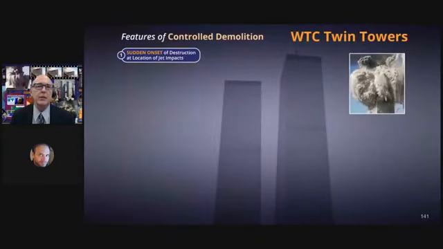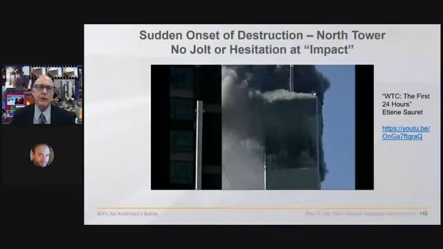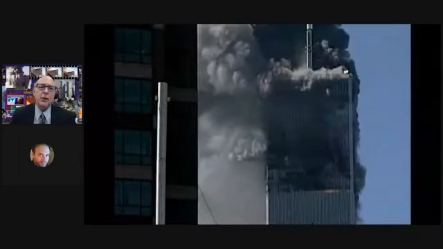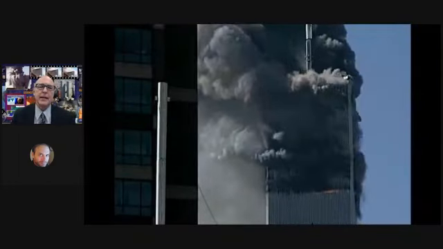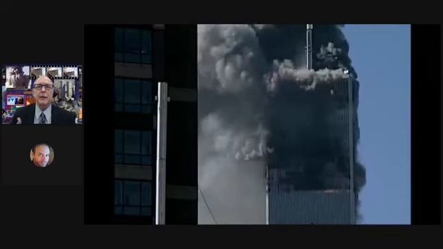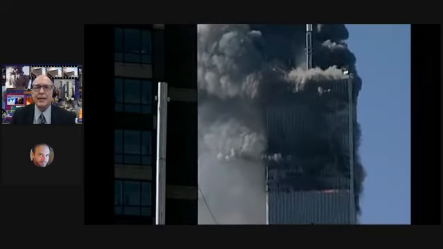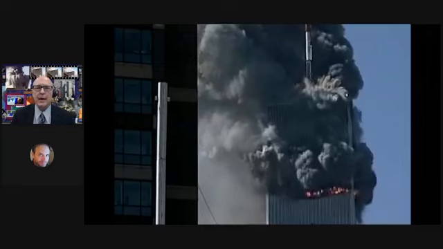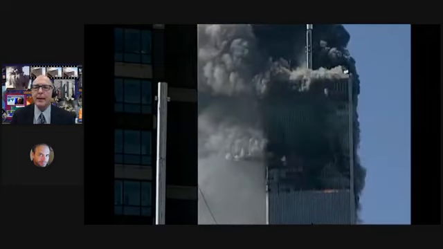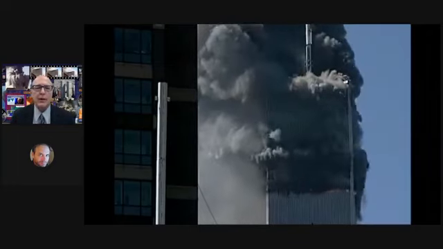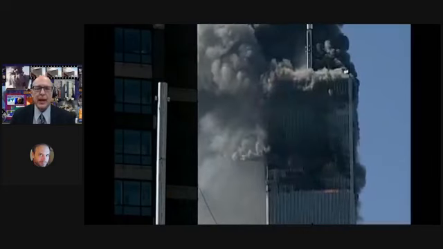Is there a sudden onset of destruction? Well, starting with the North Tower, again, the antenna tells us, we have the building standing still, and then all of a sudden, the building falls smoothly, suddenly, straight down, no jolt, no impact, no hesitation at all.